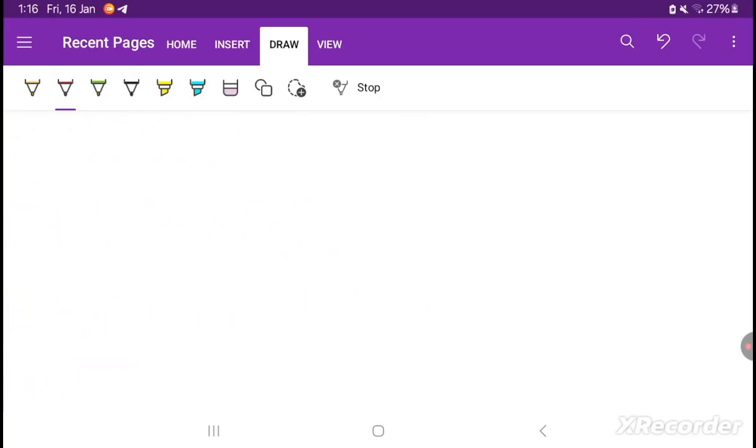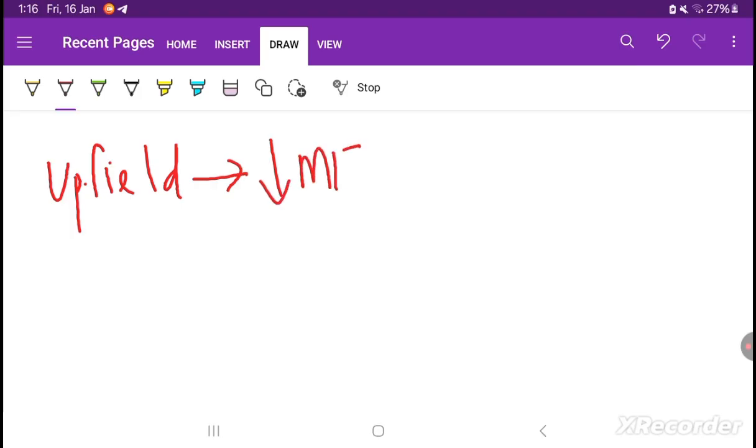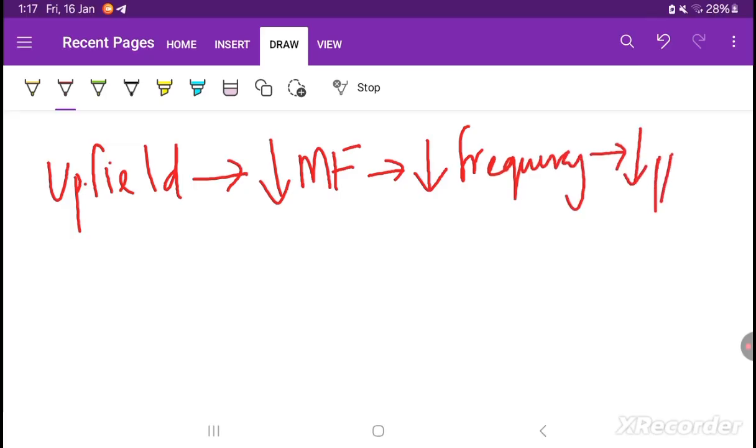So let's summarize it. Just remember this: whenever there is an upfield, there will be a lower effective magnetic field, so lower frequency, lower ppm.